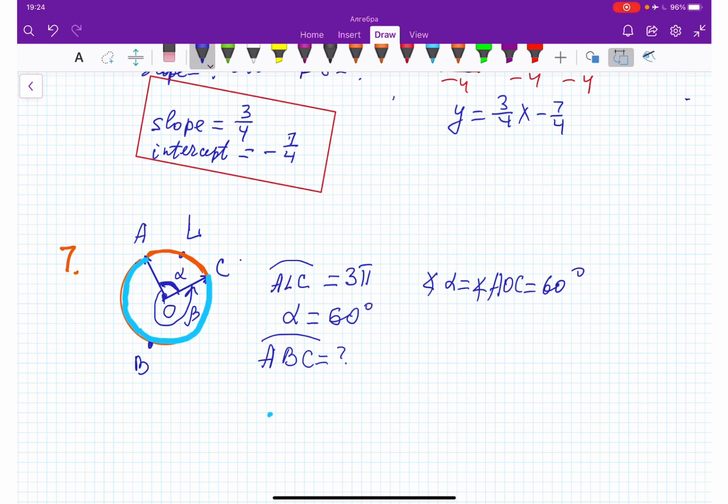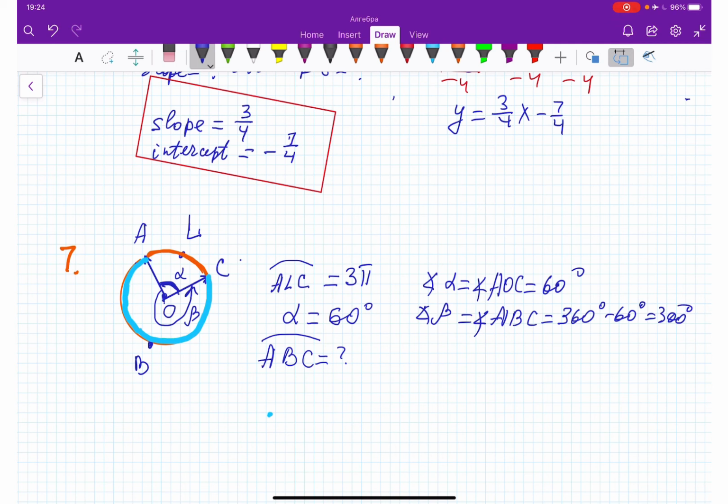So from here, angle beta, that is angle ABC, going the other way is going to be equal to 360 because the whole circle is 360, right? Minus 60 degrees, I'm going to get 300 degrees, correct?